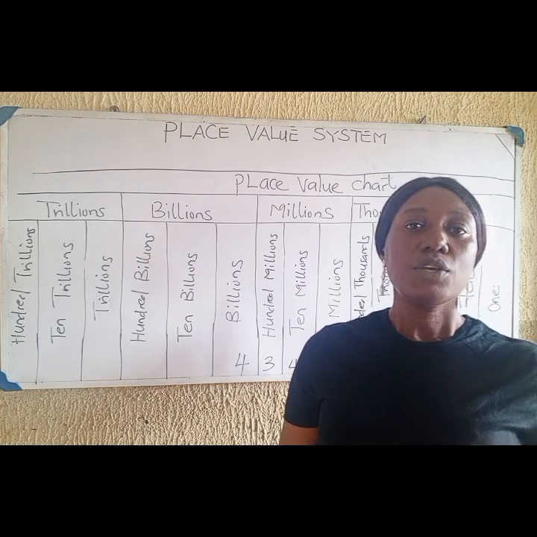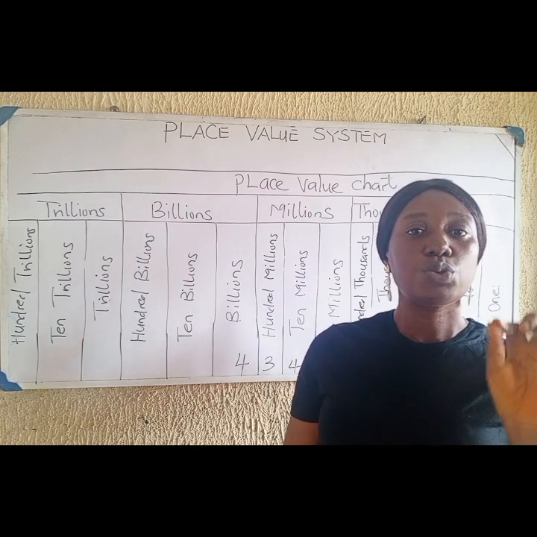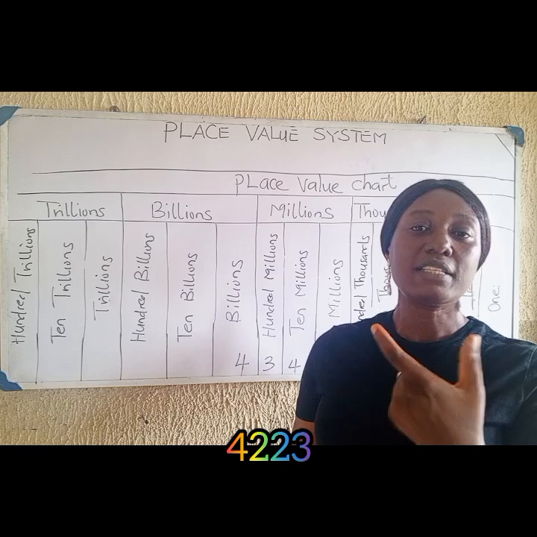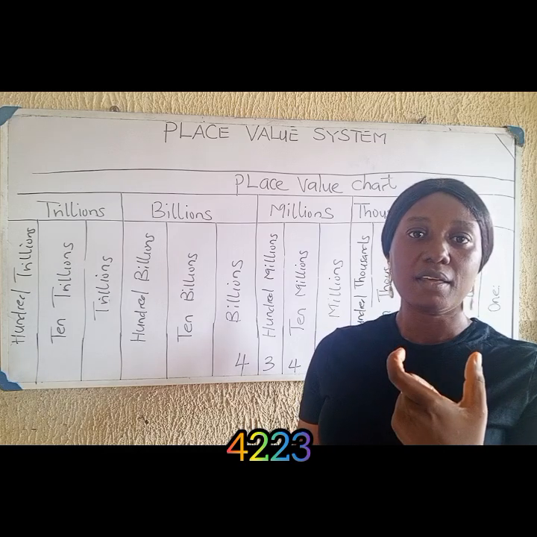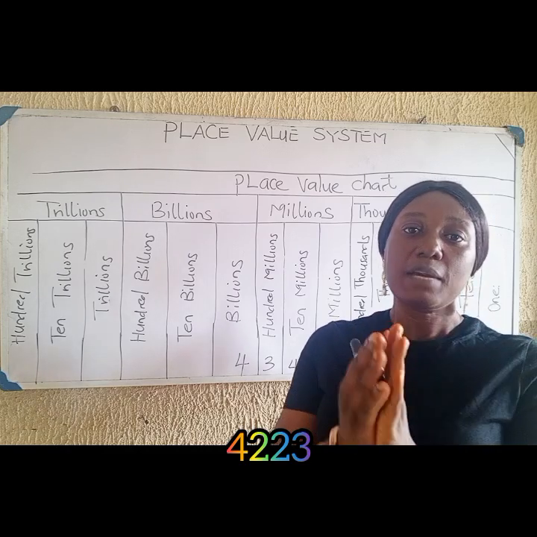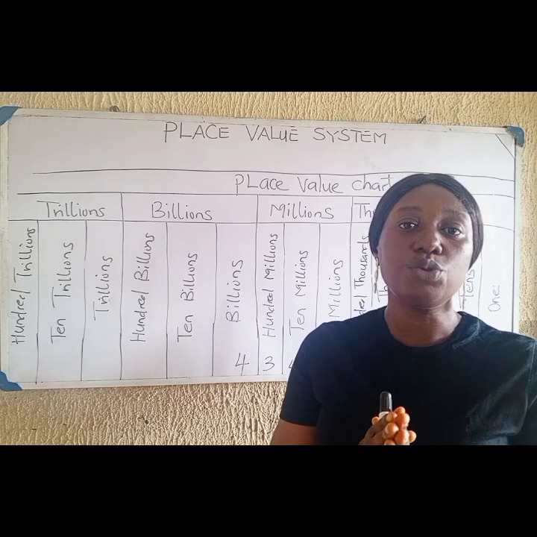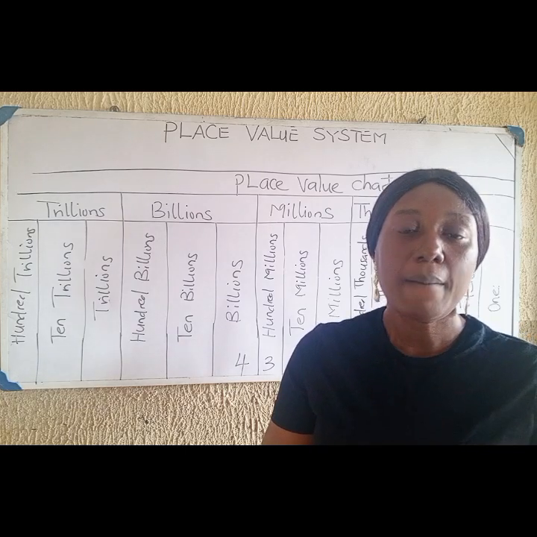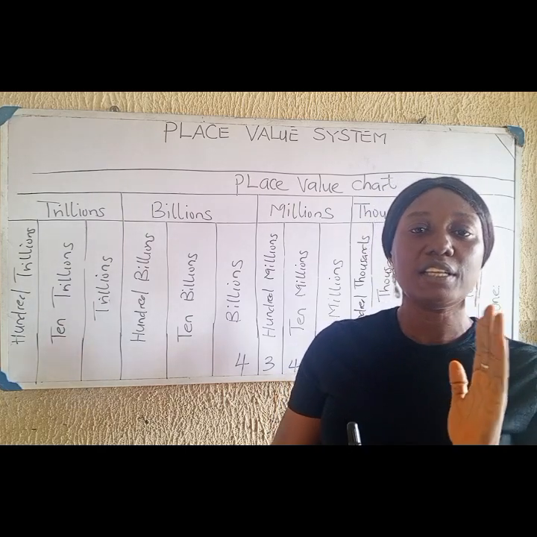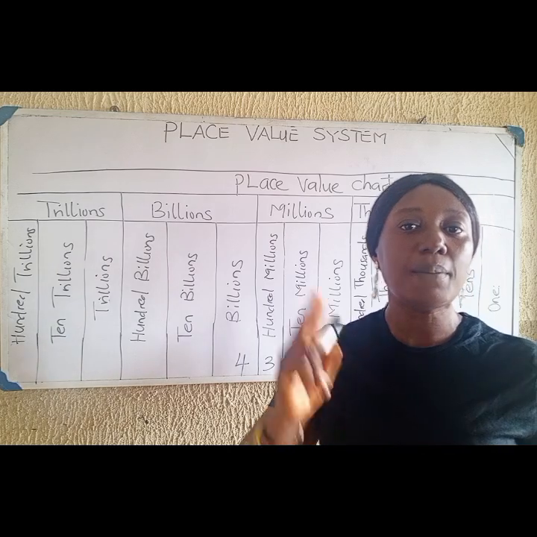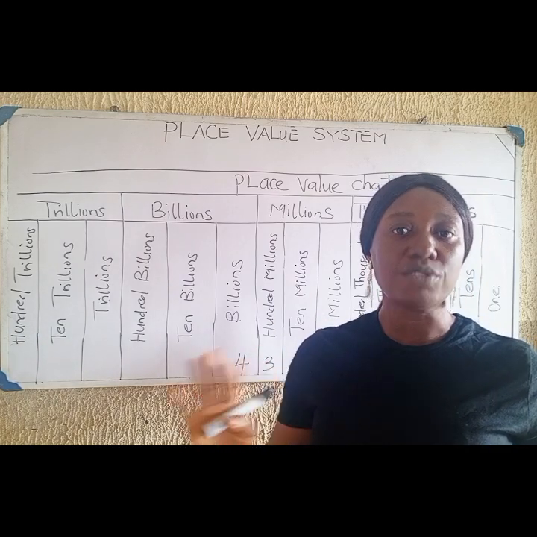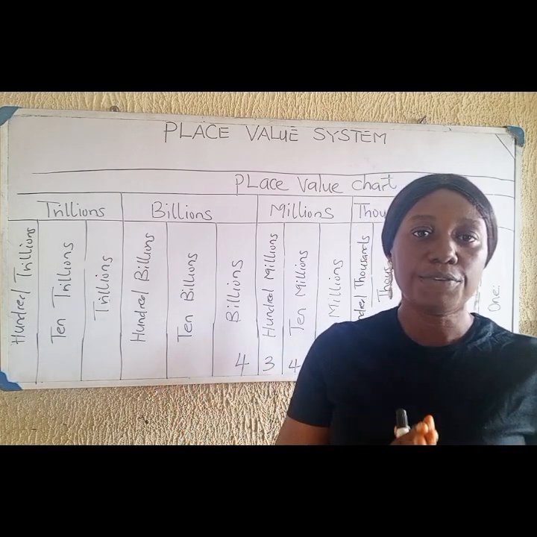If, for instance, you have a number like 4223, you can see that 2 appears twice there. The two mean the same number, but their value do what? Differs, because each of the digits in a number has a unique place or a unique position. Are you following?